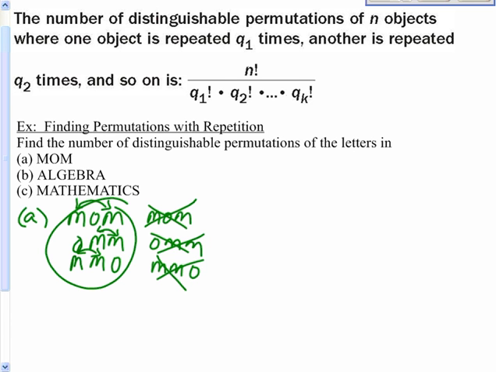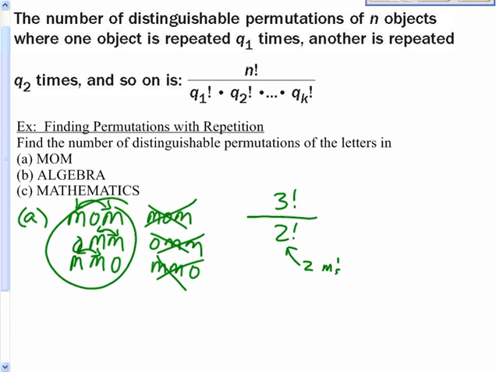And so our formula is saying, n factorial, you've got 3 of these letters, but I've got to take out my repetition. You see how I have 2 M's, right? So I've got to take out 2 factorial. M is repeated.